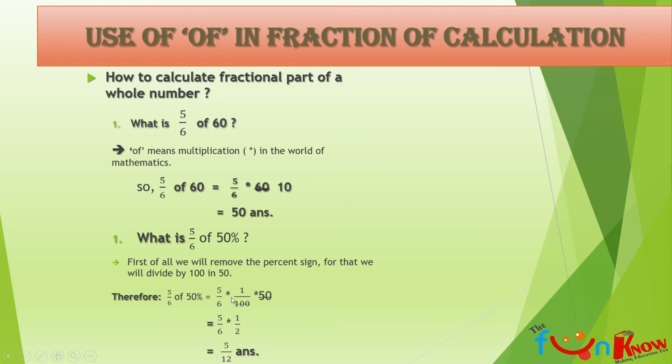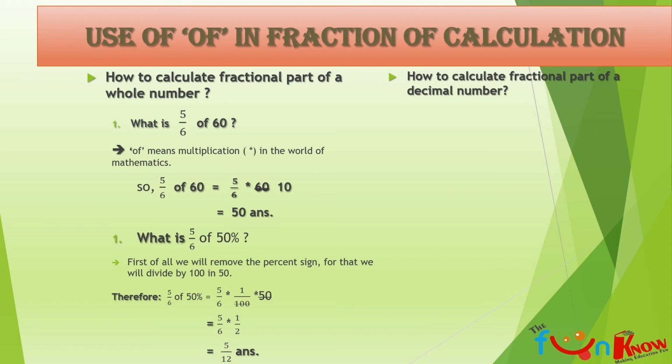For that you have to divide by 100. Dividing by 100 means multiplying by the reciprocal of 1 by 100. We have just seen, if you are told to divide, then we can multiply also, but while multiplying you have to take the reciprocal, that is 100 means 100 by 1. So here multiplying means 1 by 100. So this is how you can do it.